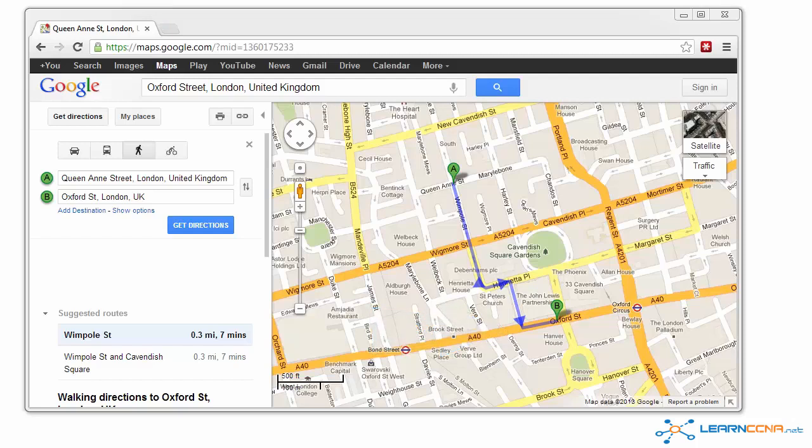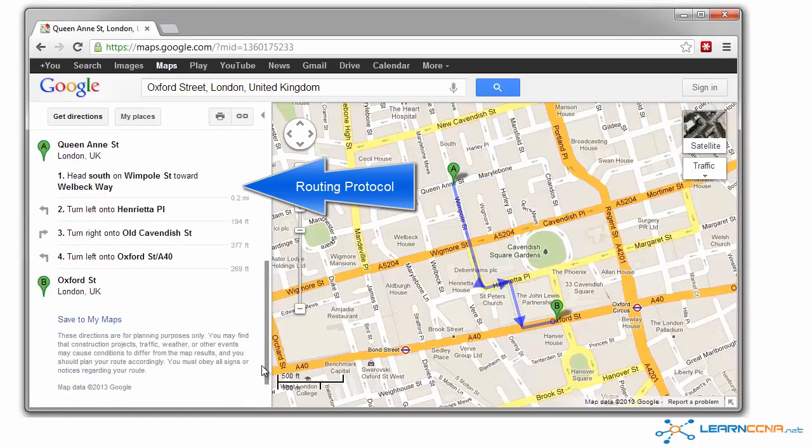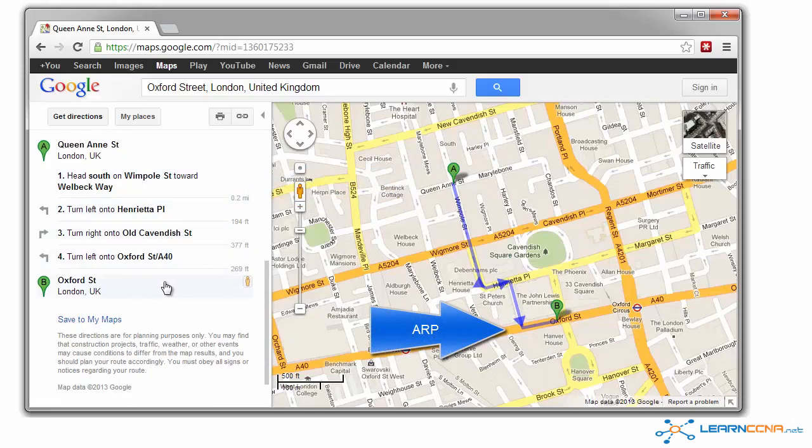So in this analogy, we're going from Queen Anne Street to Oxford Street, and we would use street names for our directions as per this example. But once we get to the street, in this case Oxford Street, we would look for the specific house by looking at house numbers in the physical world, or in the network world, we would use a protocol such as ARP to find the specific host on that network.